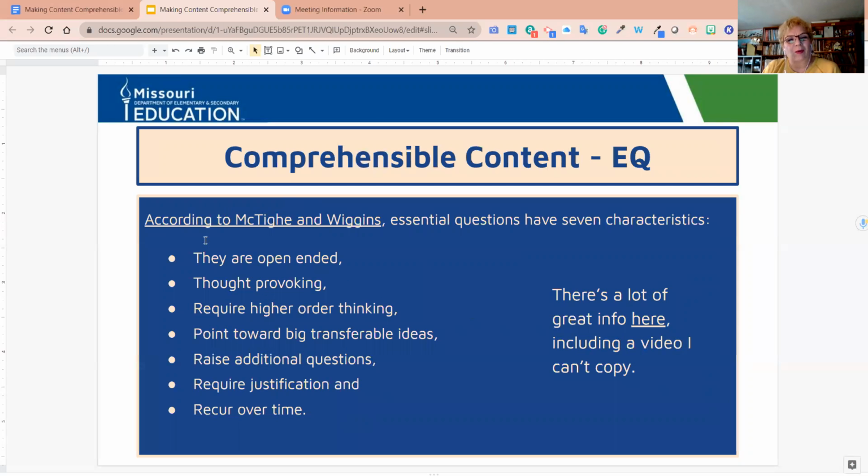And this is according to McTighe and Wiggins. They say that essential questions have these 7 characteristics. They're open-ended, thought-provoking, require higher order thinking, and point toward big transferable ideas, raise additional questions, require some justification, and will recur over time.